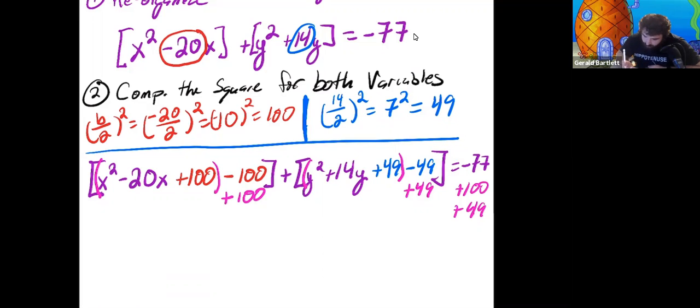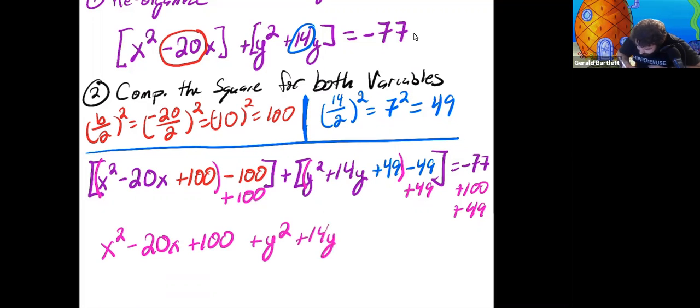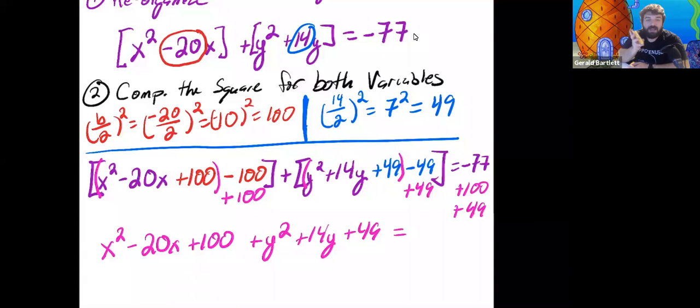So we've got x squared minus 20x plus 100 plus y squared plus 14y plus 49 equals negative 77 plus 100 plus 49. Make sure in your calculator you put negative 77 plus 100 plus 49, and that gives us 72.